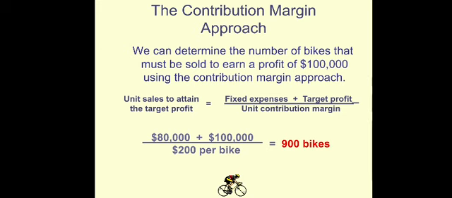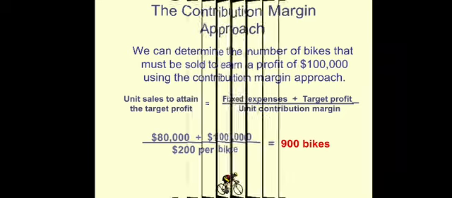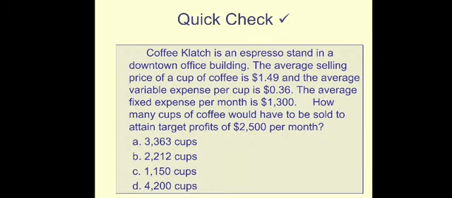So if I ask you in the exam or in the quiz to calculate the quantity to achieve a certain target profit, you can use the equation or you can use this formula. Now see the coffee club business again. The data you have seen earlier: the price, the unit variable cost, the fixed cost. The question asks how many cups of coffee have to be sold to achieve target profit of $2,500 per month.